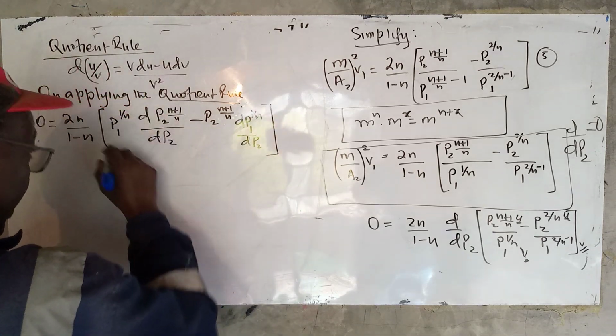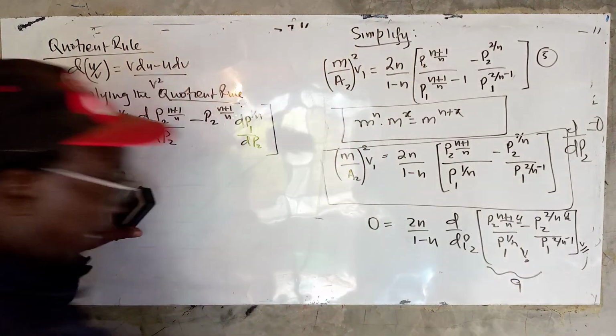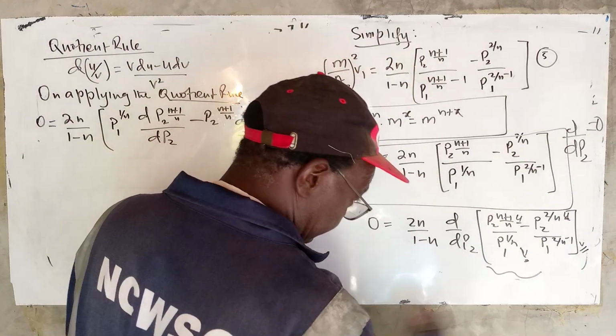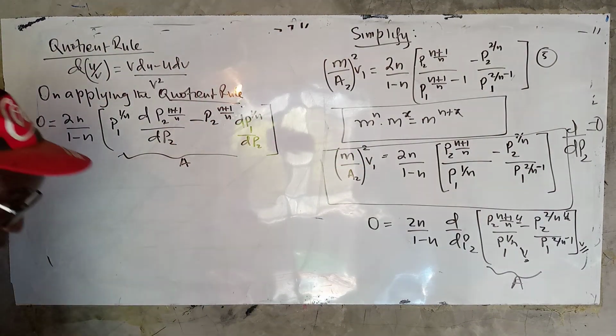That is the first expression here for this particular quantity. Let's call that A. So that is the application of the quotient rule to A.